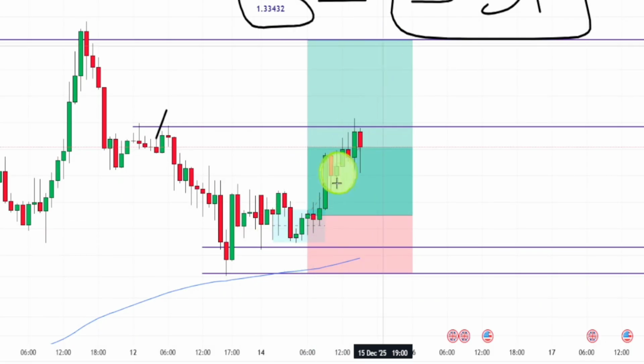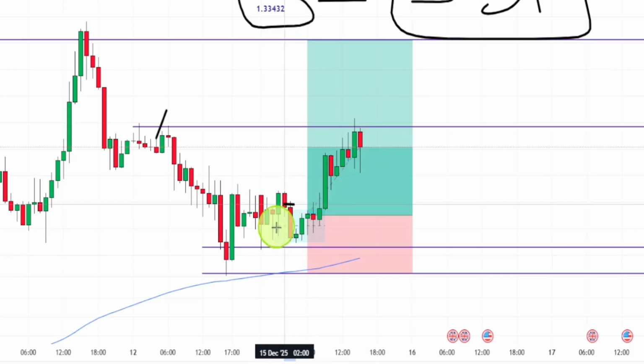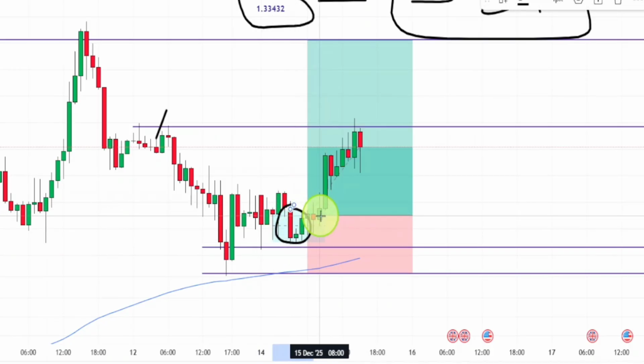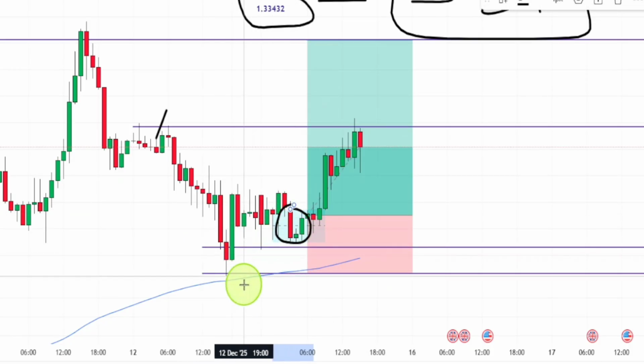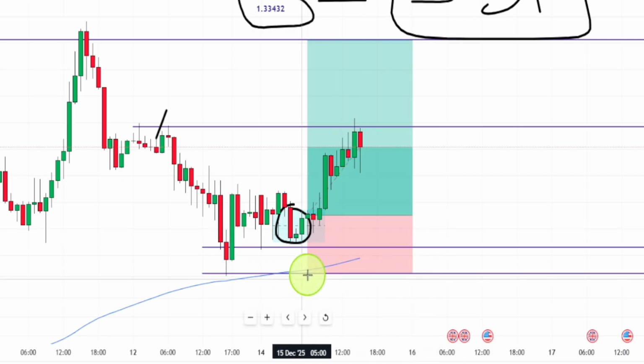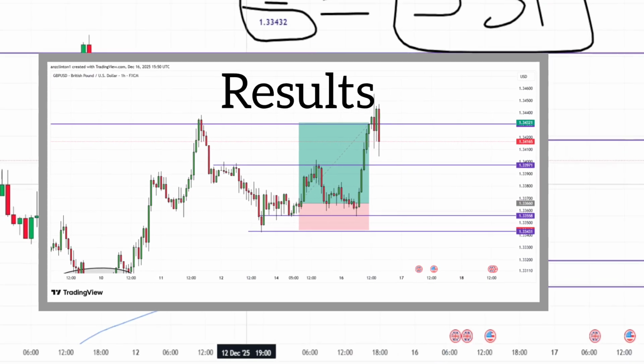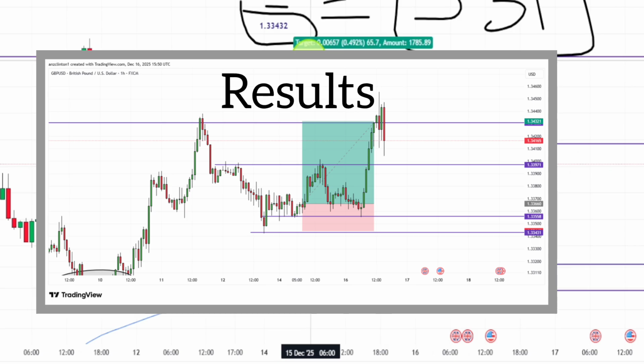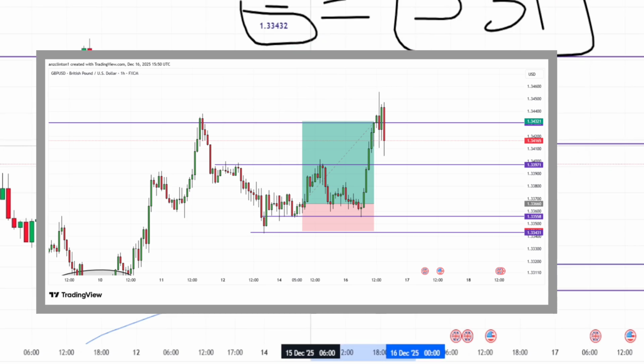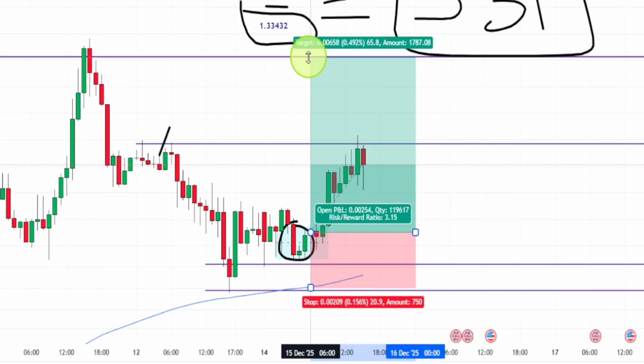Our entry was from this morning star confirmation. Take the entry, with the stop loss below this low here, the low that price shouldn't get to. TP2 was here at first, and now I'm targeting here.